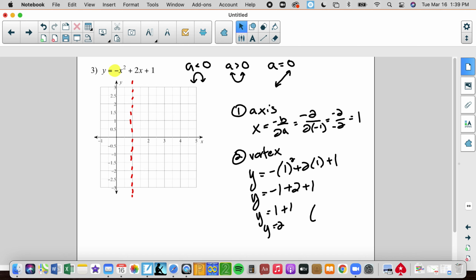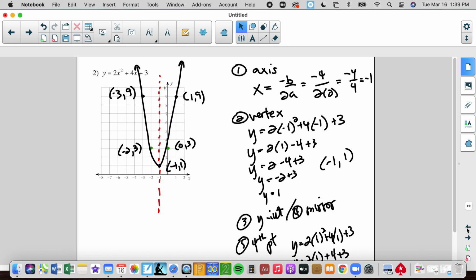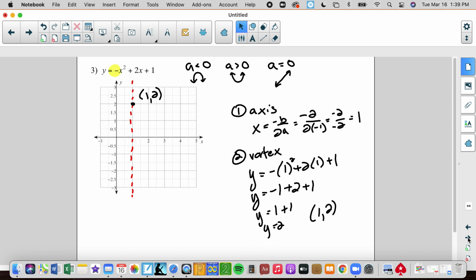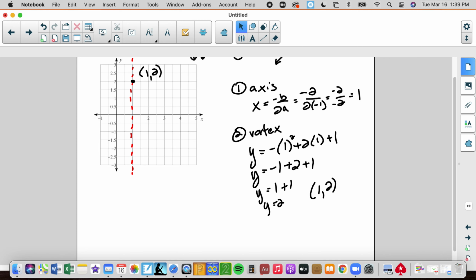So 1 comma 2 is going to be my vertex. In this case, where the vertex down here was a minimum, the bottom of that parabola, this one is upside down, so it's considered a maximum point because it's the highest point.